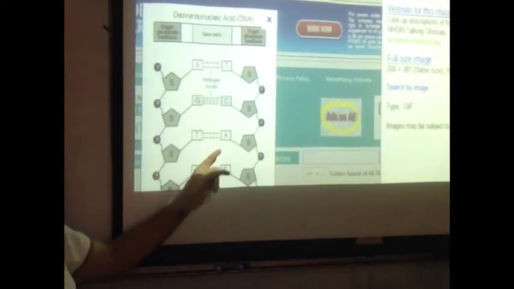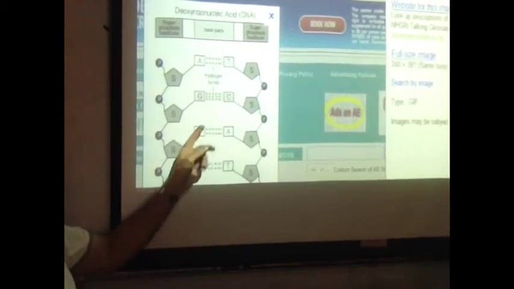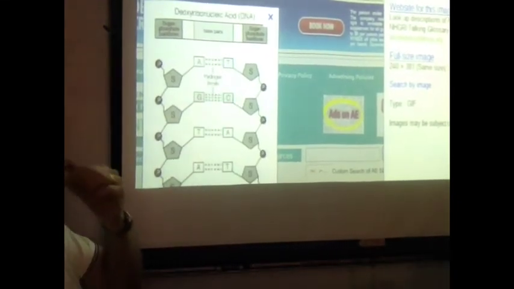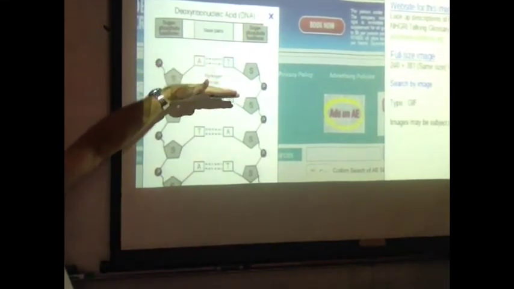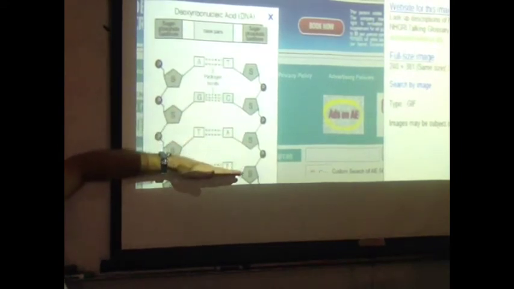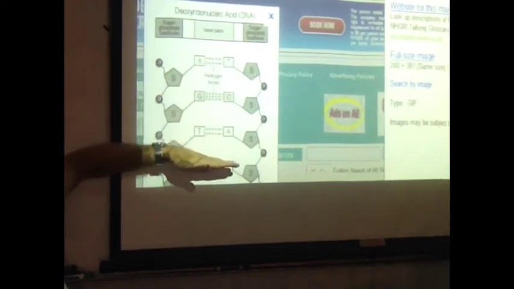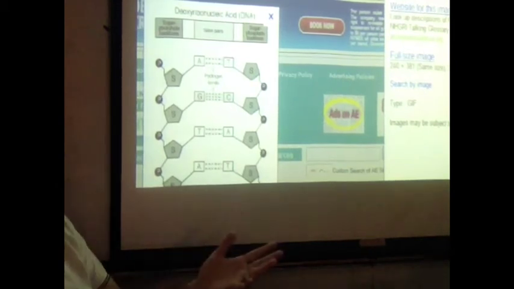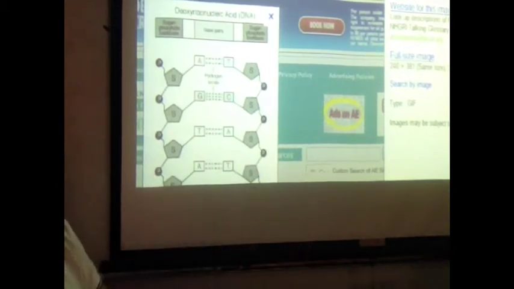It bonds with an adenine. And if there were a cytosine on one side, it's got to bond with a guanine. And it's the sequencing here of these nitrogen bases that is the language, like the letters to the sentence, that make up the proteins.